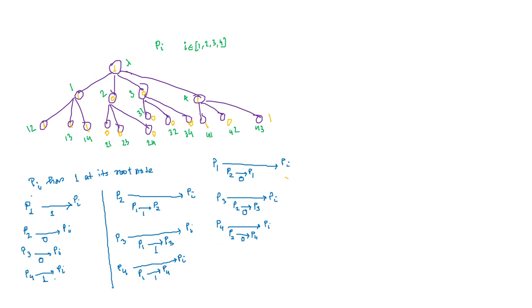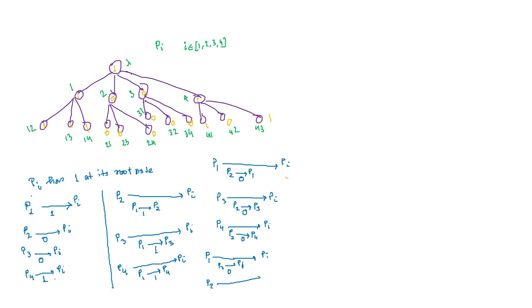Okay. What about here? From this node, P1 tells P1 that P3 told P1 in round 1 that its initial value is 0.